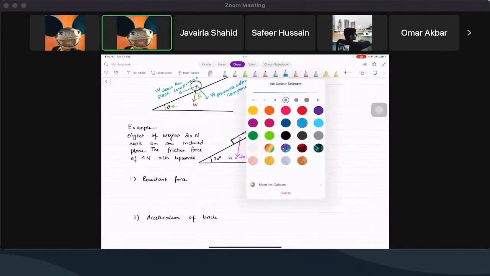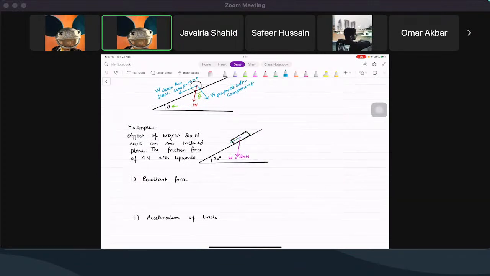So one component down the slope, one like this, and the angle here would be 30 degrees. This would mean that this component will be 20 cos of 30, because this is next to the angle, and this will be 20 sine of 30.